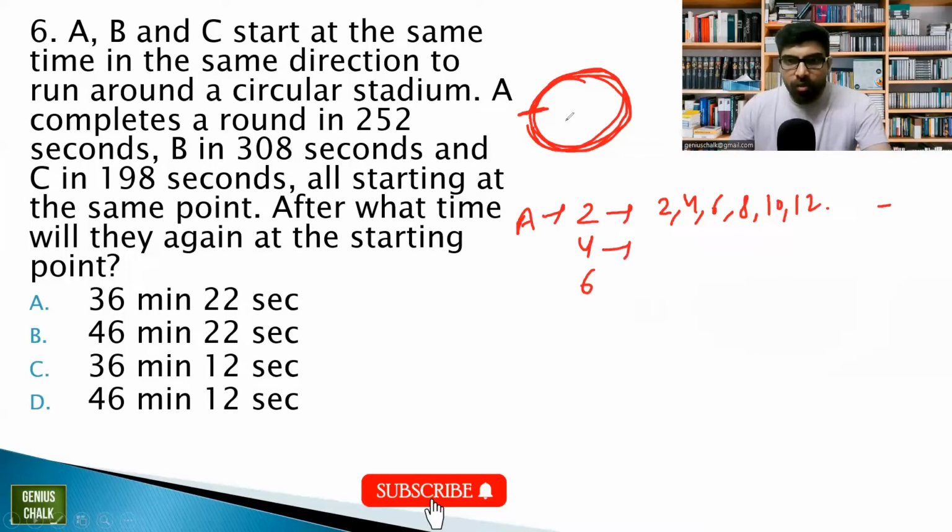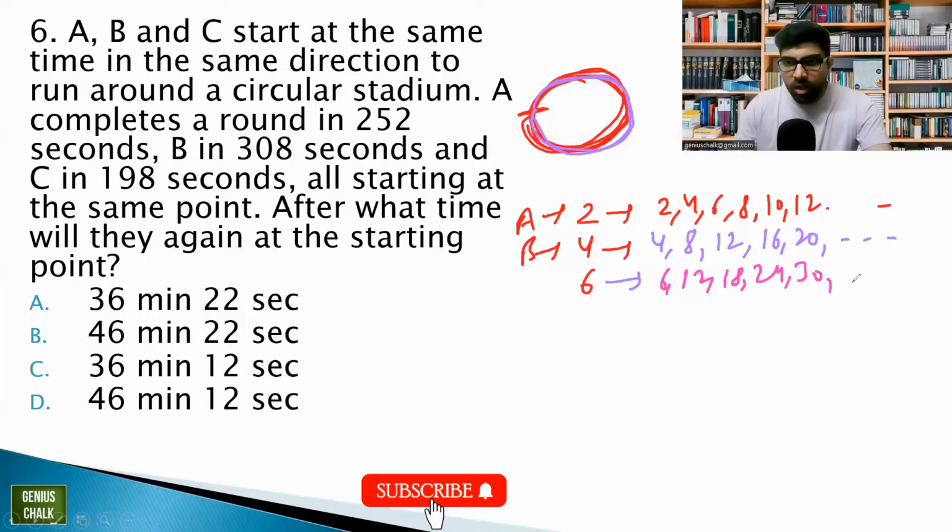Now if person B can complete this circular round in 4 minutes, he will cover this in 4 minutes, then come back after again 4 minutes. So after 8 minutes from the initial, then 12, then 16, 20, and so on. Similarly, the person who is at 6 will cover like 6, 12, 18, 24, 30, and so on.